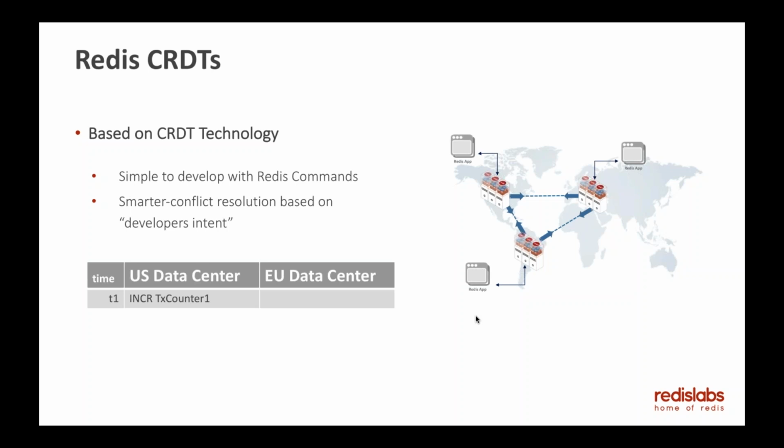So all the developers have to do is really use Redis commands to be able to get the CRDT behavior, and we just simply will be able to deliver the smart conflict resolution underneath as the synchronization happens between sites. In this case, I'm looking at a use case where I'm going to be counting, let's say, credit card operations on a credit card called txcounter1.